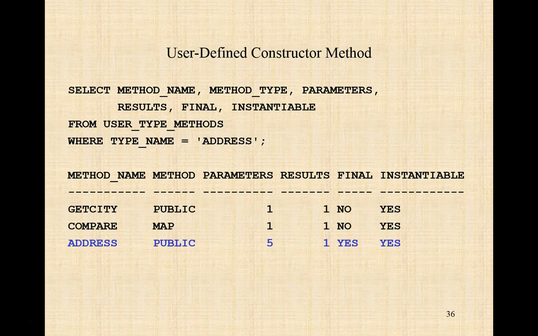Looking at user type methods for the address type, we see that address has 5 parameters. We had just examined the structure and noticed that there were 4 parameters listed: street, state, city, zip. But what we find is there is a 5th. Remember that self is passed as an input parameter as well. This is counted among the parameters here. This is what brings the total to 5.